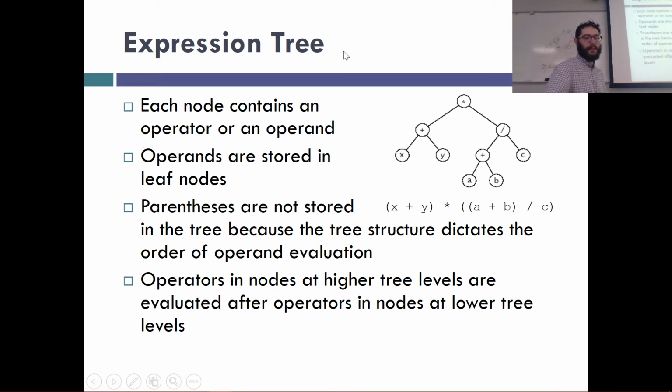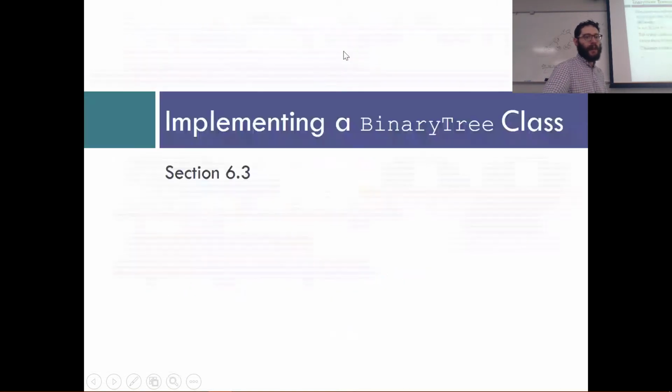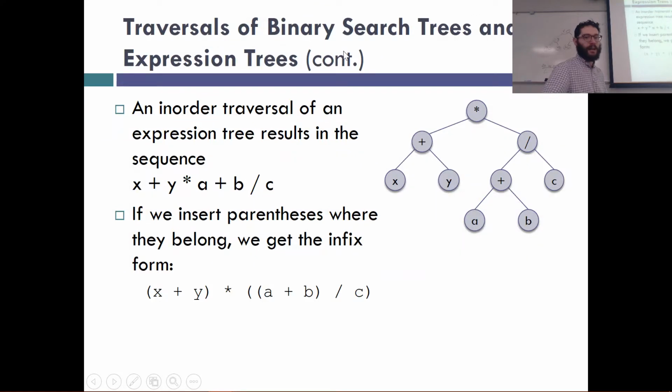Okay, so how does this get into our prefix postfix kind of thing? Well, an in-order traversal of this tree will give you x plus y times a plus b divided by c, which is the expression being stored in there, minus all the parentheses. So we don't know how to evaluate this without the parentheses. Yes?